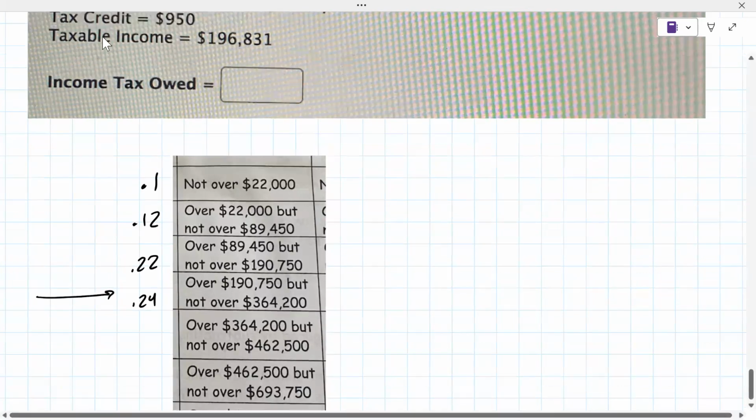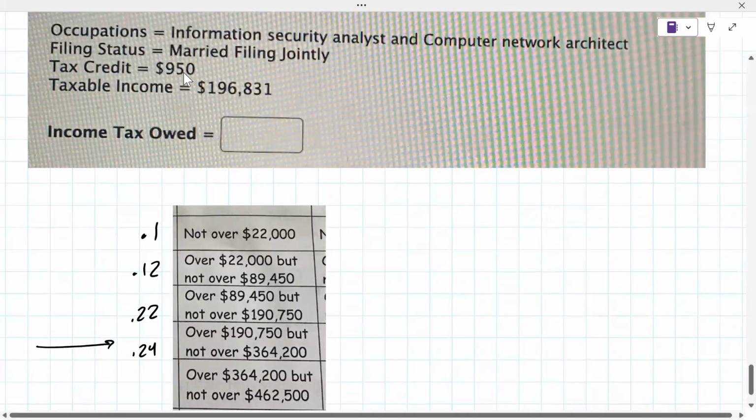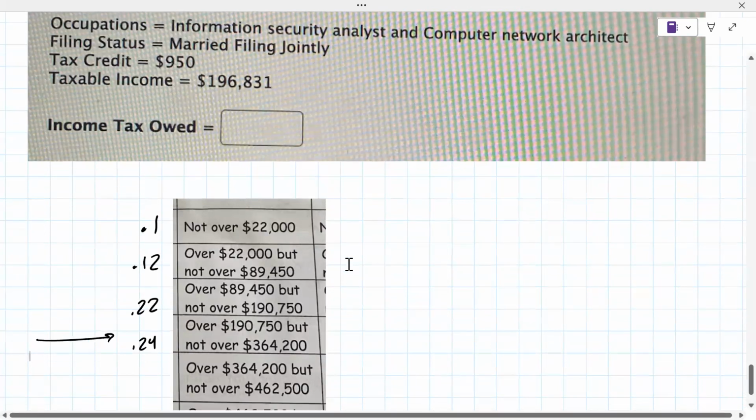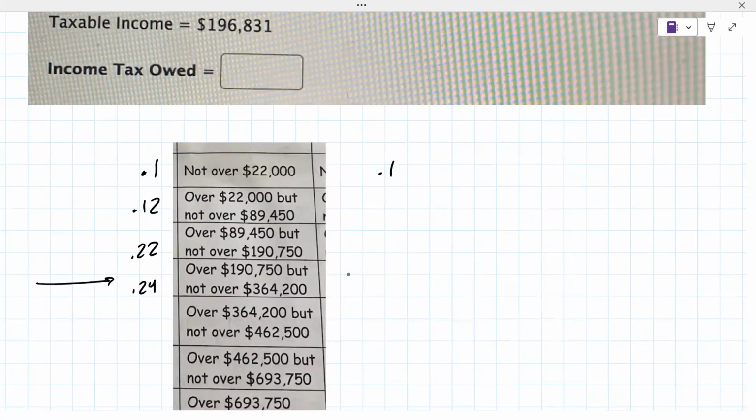Now, the one thing here is you get a tax credit. That means you calculate your tax owed and then you subtract out the tax credit. So it's still 0.1 times 22,000. 0.12 times, you have to subtract these to get how much income is in there.